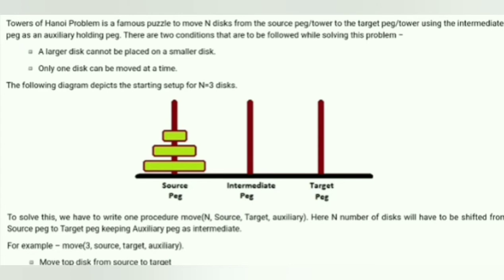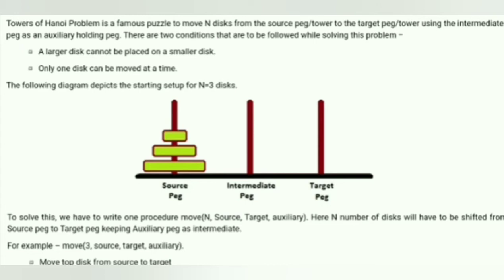Now let us go for the execution. That means we are supposed to write the respective program code and we should execute it. For this one, we require one procedure to be written, and the name of the procedure, let it be move.